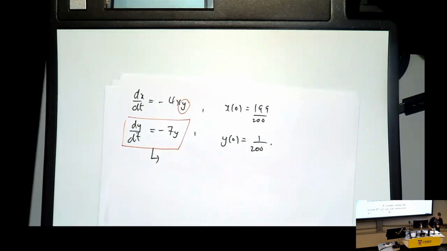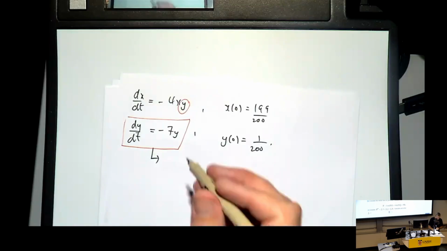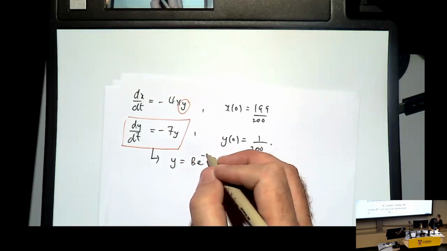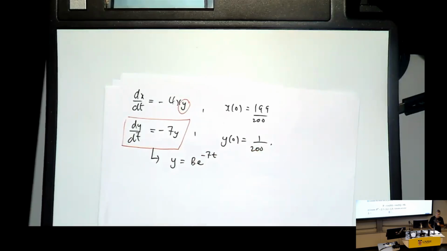What's the solution to this one? Well, it's something like that, where b's a constant. You don't even have to justify that. You can separate it if you want, but who's got time for that really? Not me.